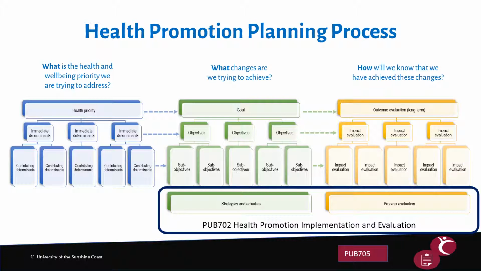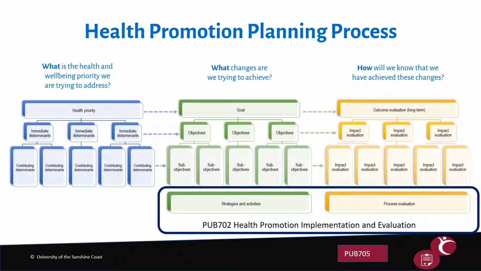So the goal relates to the outcome evaluation, which is the longer term change that we want to see in the priority health issue, and objectives and sub-objectives respond to impact evaluation, which are the shorter and more incremental changes that we want to see in the contributing determinants as we implement the program. We also, as part of this broad planning process, develop strategies and activities and process evaluation, but we are not doing that in this course.